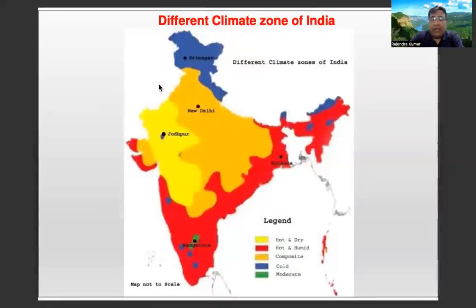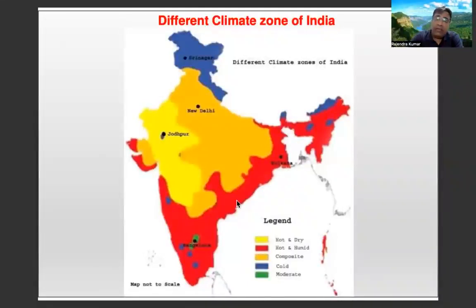Here you can see Pakistan, and here there is China. The border closer to the Pakistan side has a hot and dry climate, and also a composite climate. This belt borders Pakistan, and this area borders China, and that part of the world has a composite climate.